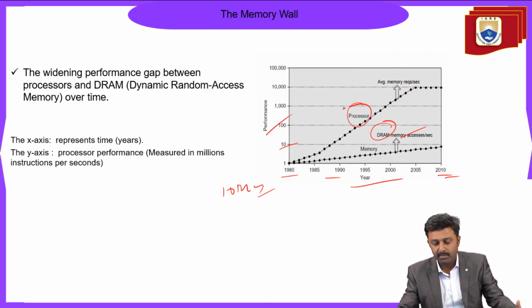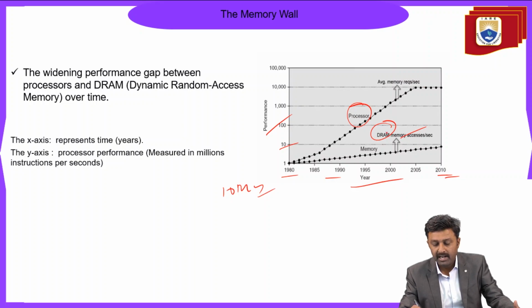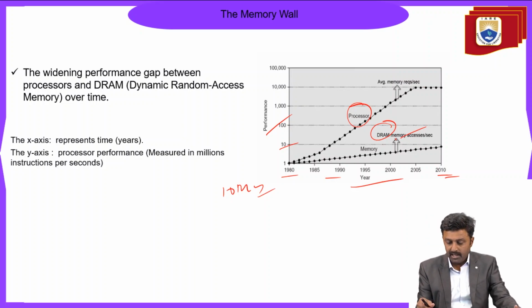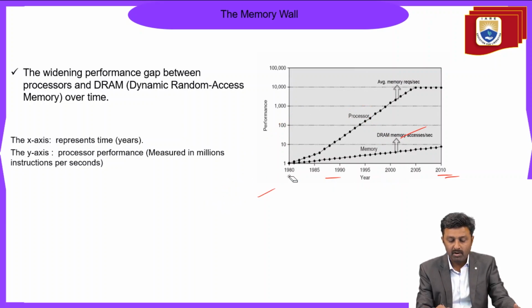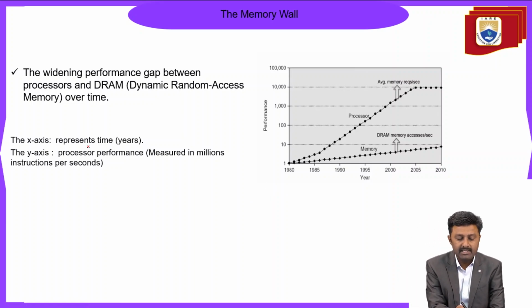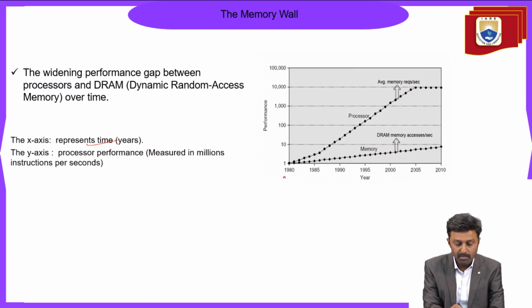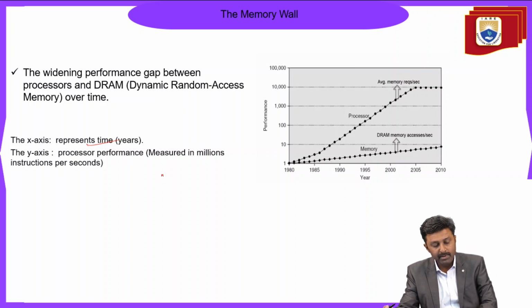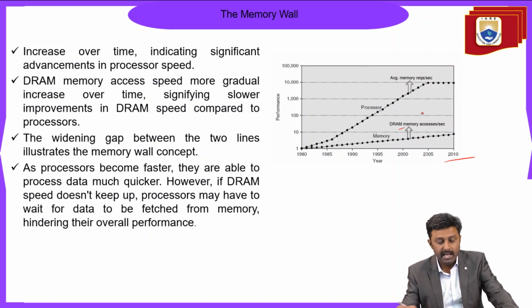So the processor performance is increasing as the number of years increases, whereas the performance of the DRAM is increasing slowly. This is the memory wall problem. For the same example, we can see the processor speed compared to the DRAM here.